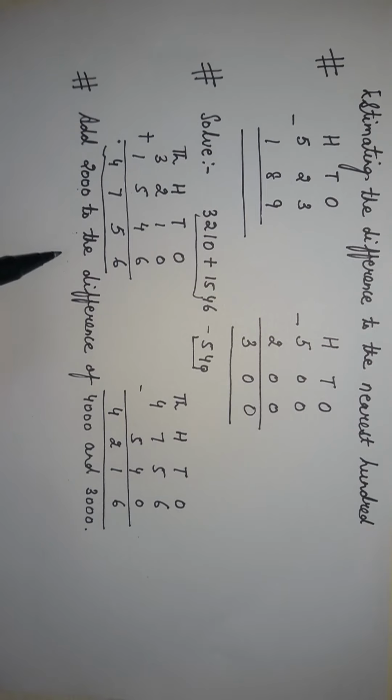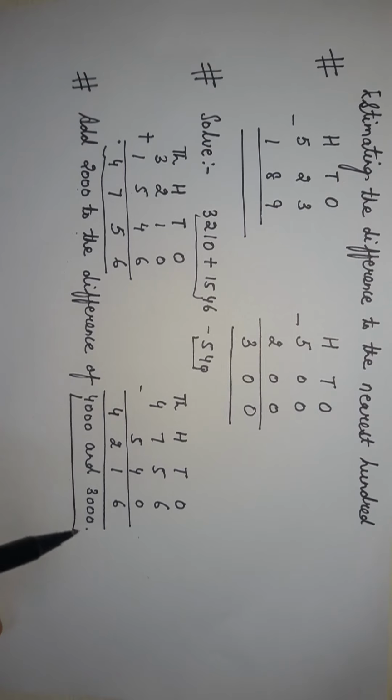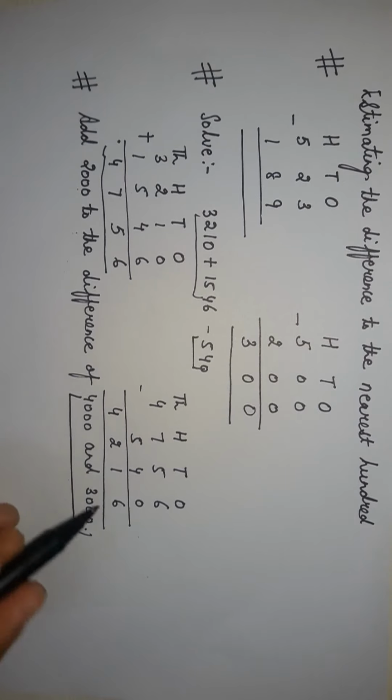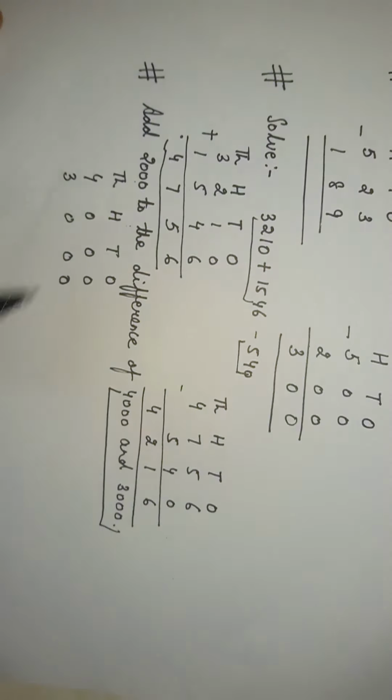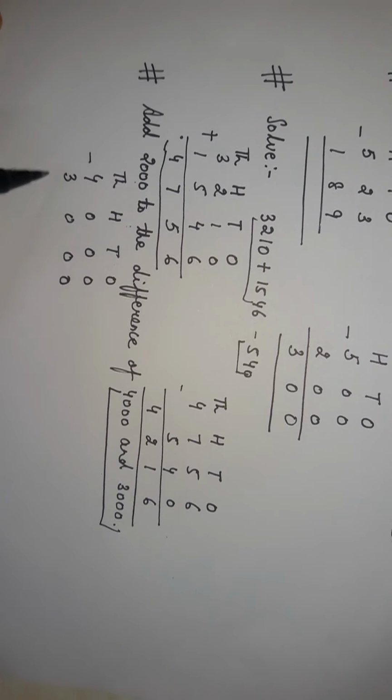नाउ लेट्स मूव टू द लास्ट टॉपिक. Add 2000 to the difference of 4000 and 3000. अब इसमें क्या है, आपको दो नंबर्स का डिफरेंस गिवन है 4000 एंड 3000. सबसे पहले हम क्या करेंगे, इन टू नंबर्स को सब्ट्रैक्ट करेंगे. So we need to subtract these two numbers.